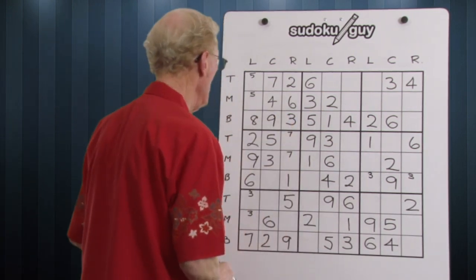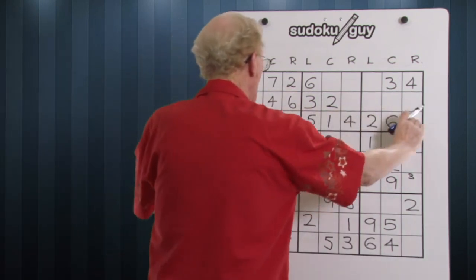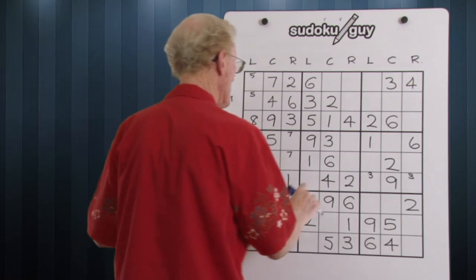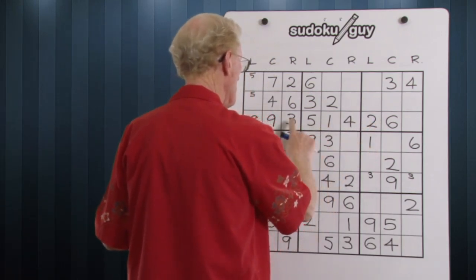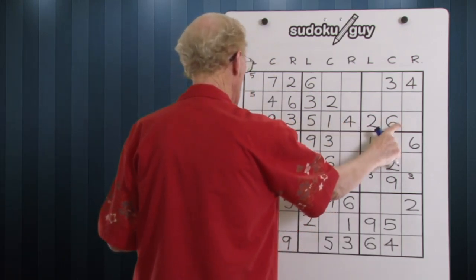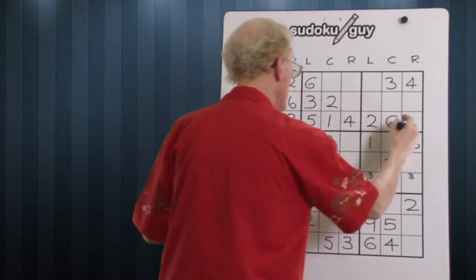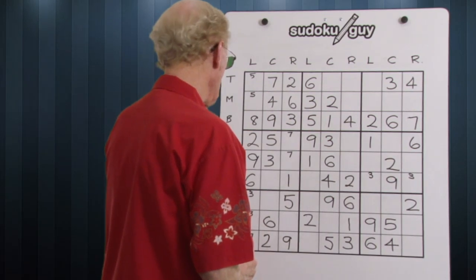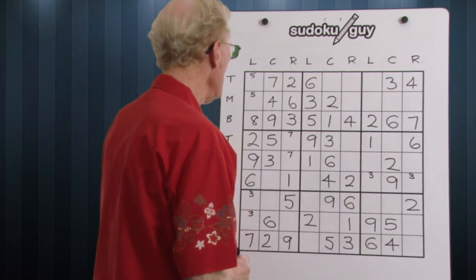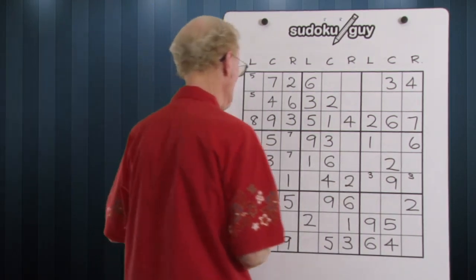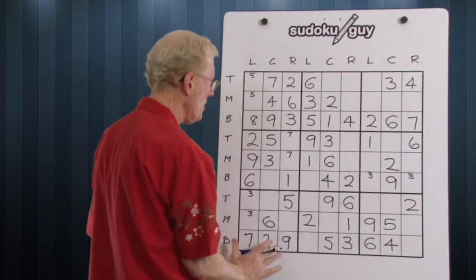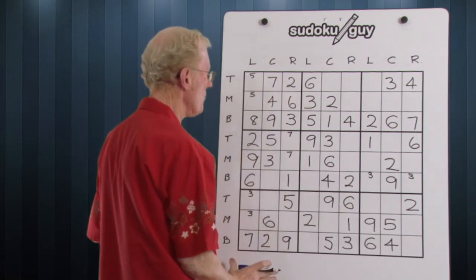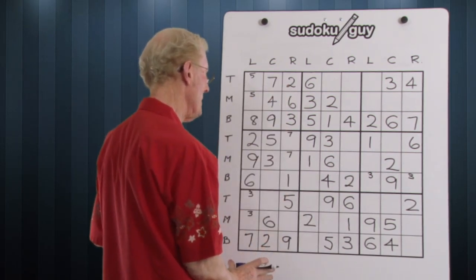Now I've just suddenly noticed that this row has only got one number left. Can we work out what that one number left is? Let's see. 1, 2, 3, 4, 5, 6, 7. It's a 7. Put it in. Now, are there any ramifications of that? Yes, there are. Because now that we're doing vertical columns and blocks, we have to look for ramifications every time we put a number in.